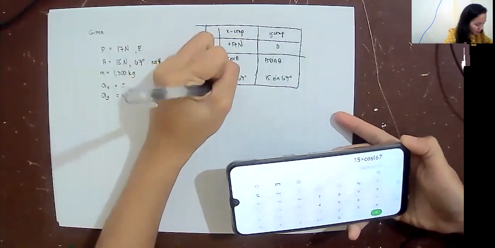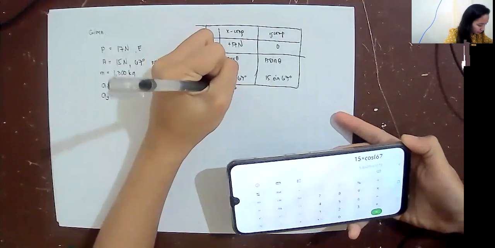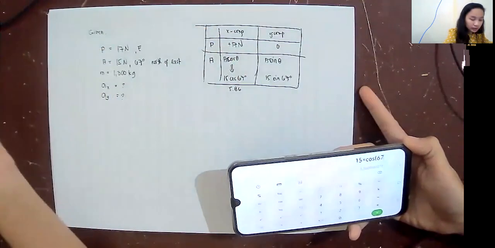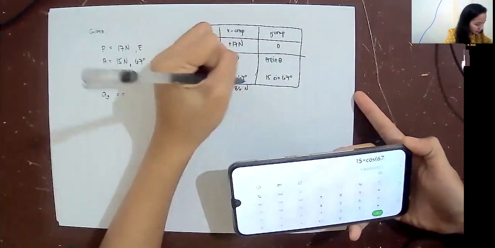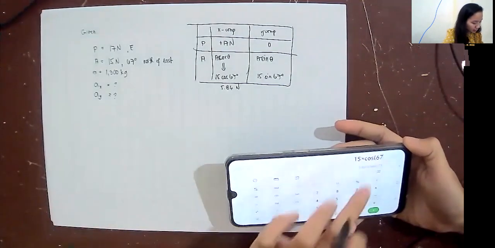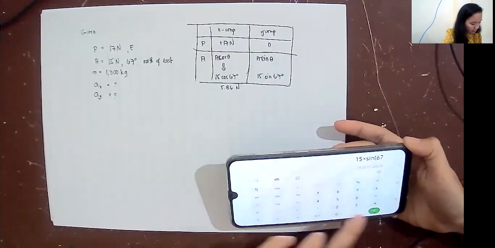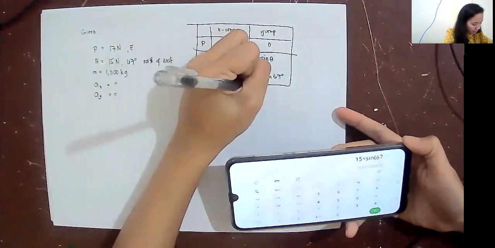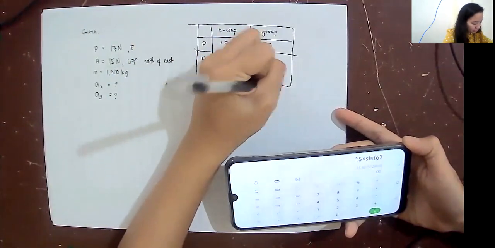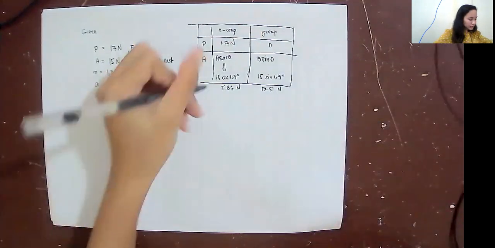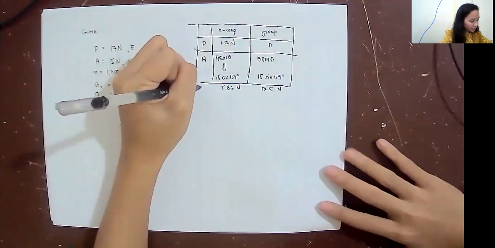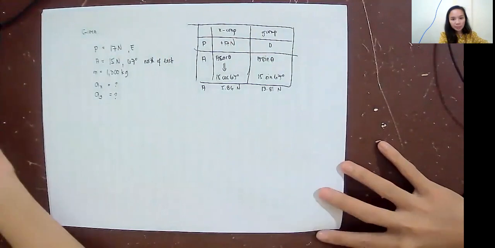So this is 5.86 newtons. And then the sine, 15 sine 67, that's 13.81 newtons. Okay, so now we have values for forces A and P.